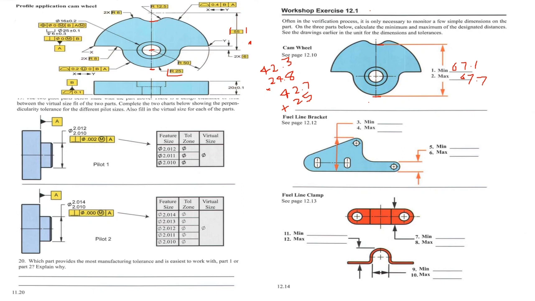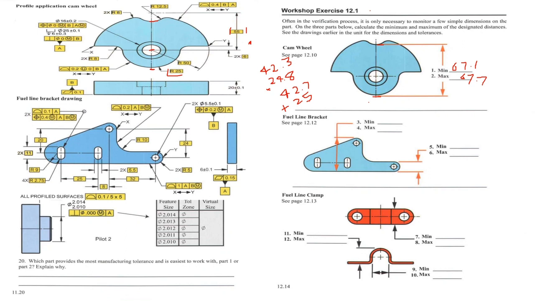Then in the next line bracket in this drawing, we have to find the minimum and maximum for numbers 3 and 4. For this, we go with this dimension, which is 24, and from this point to the next point here, it is radius 5.